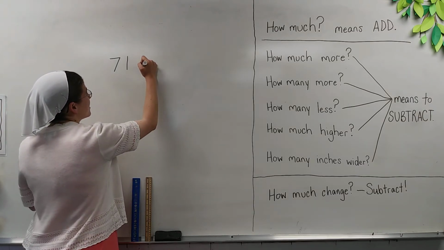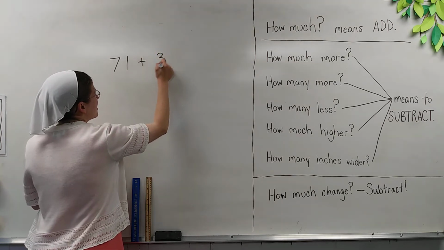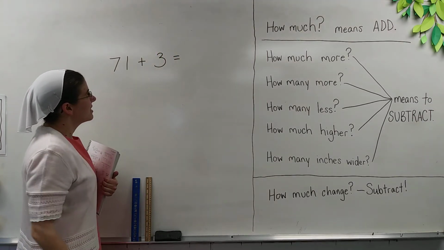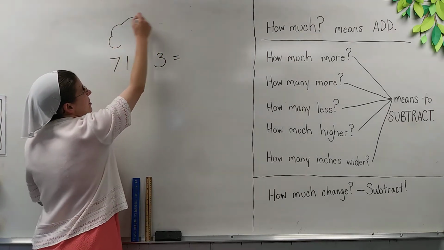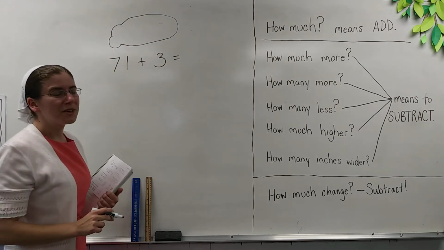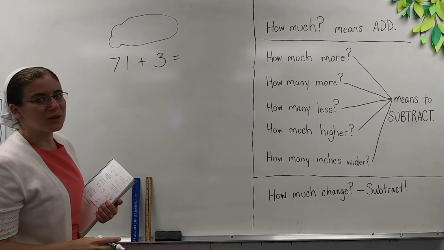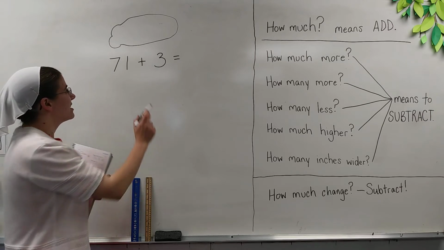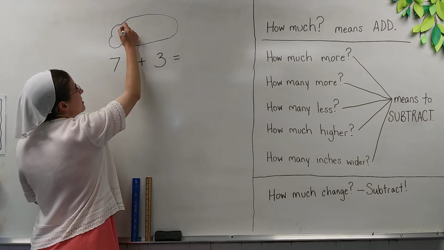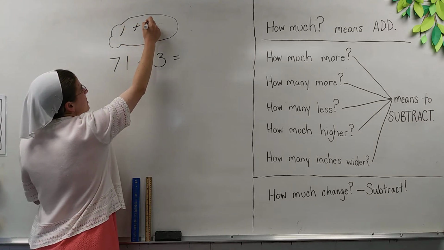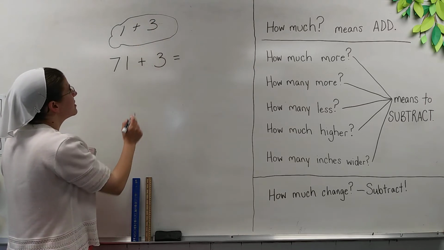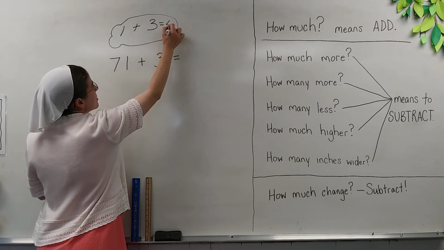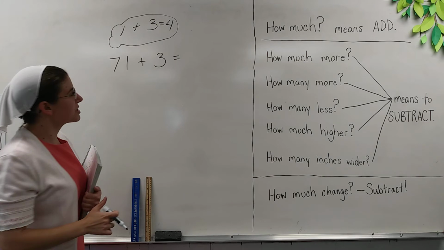So here's an example. 71 plus 3. Remember, there's a little thinking cloud above. So I'm going to be adding the 1s. So 1 plus 3 equals 4.